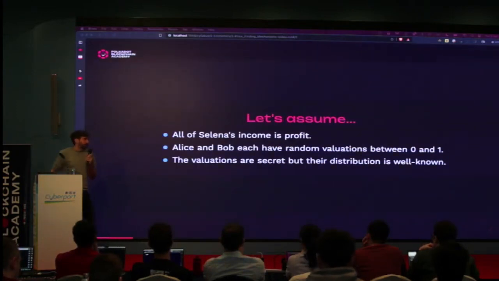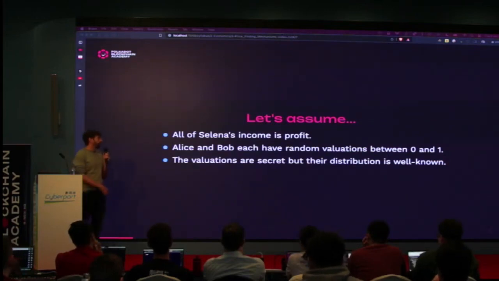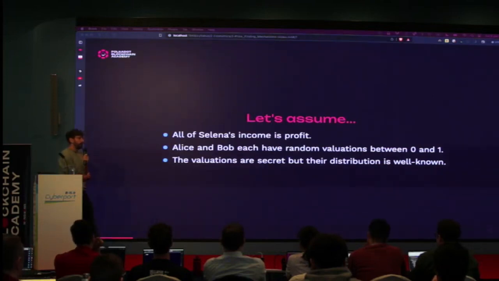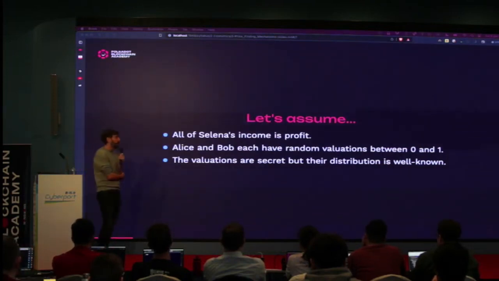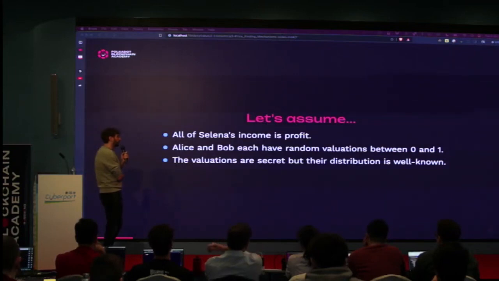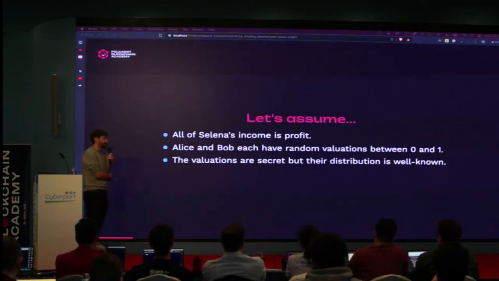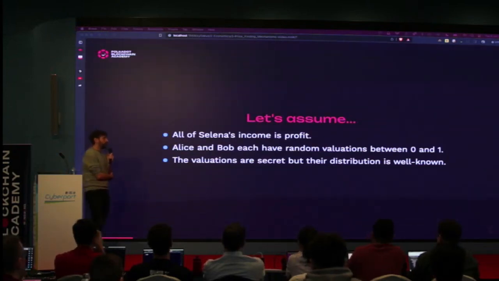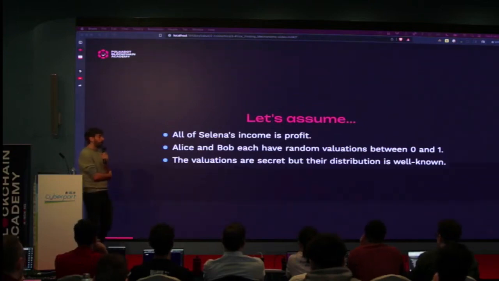Let's make some more assumptions just to make it easier. Let's say all of Selena's income is profit, so she doesn't have to think about costs. She for some reason already has the good. She doesn't need to produce it. Everything that she has as income is profit. And let's make another assumption that Alice and Bob each have a random valuation between 0 and 1.